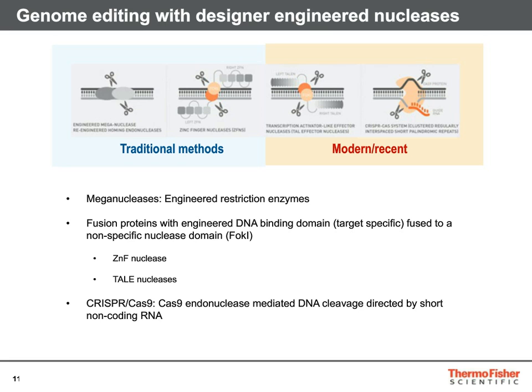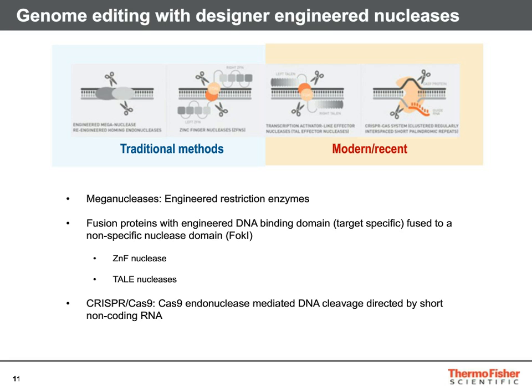The FokI nucleases then dimerize and create a double-stranded break. This was a major step forward in nuclease design and development. They weren't necessarily the easiest thing to engineer, and they weren't necessarily the most specific thing, but at the time it was actually a huge step forward.